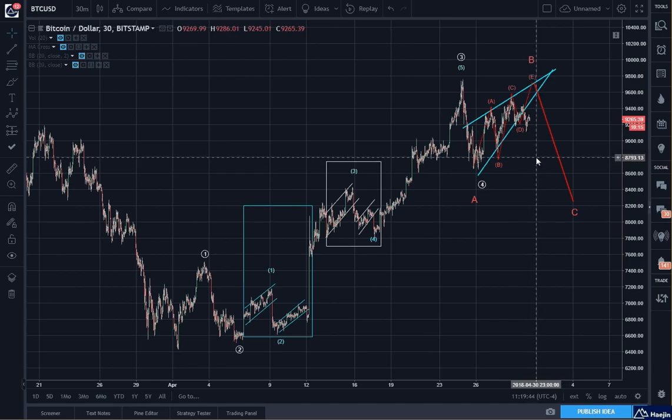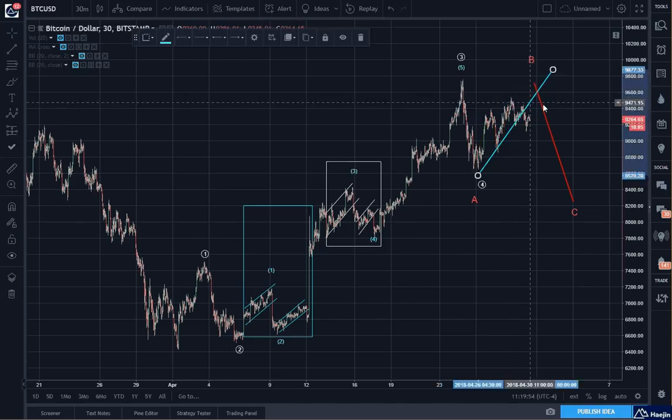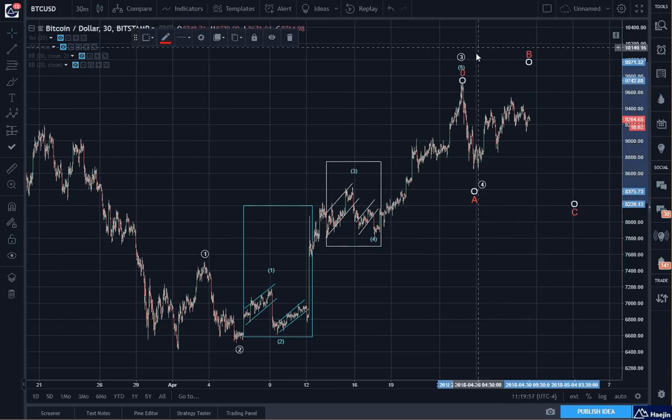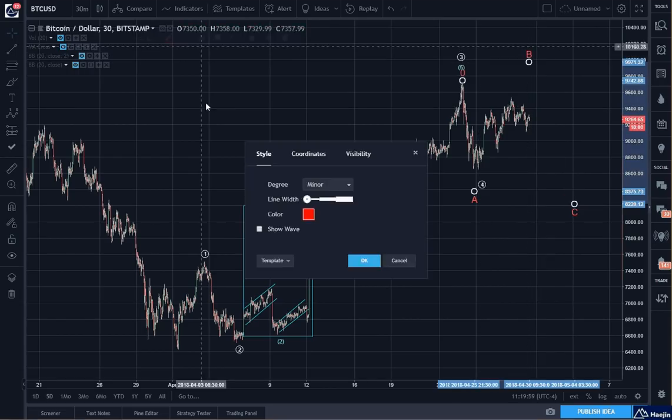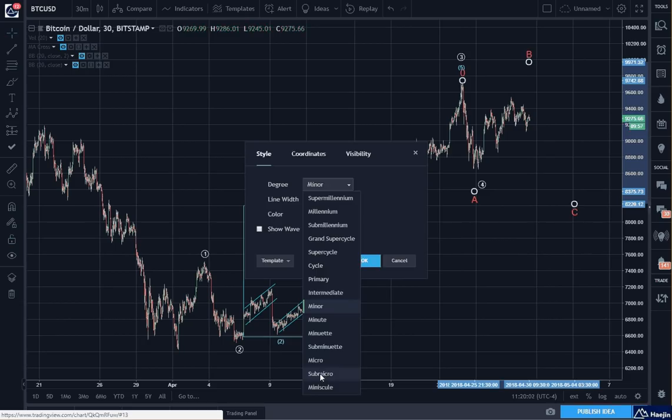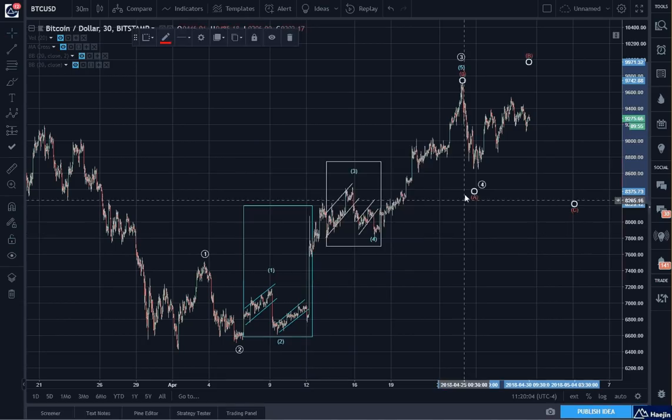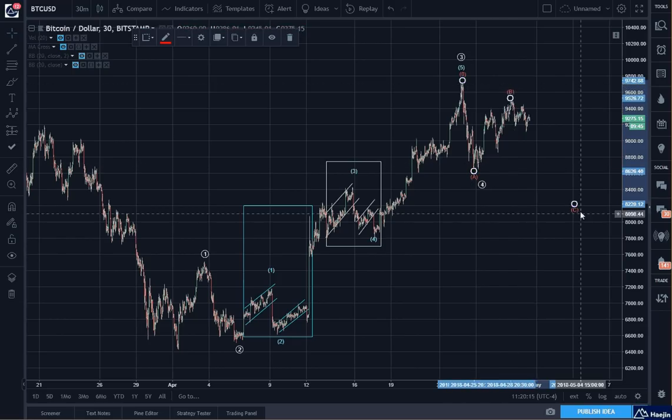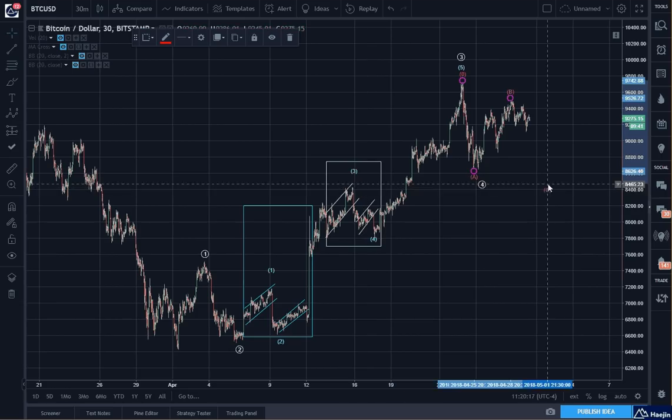If that's the case, I think we are now resorting back to what we had before. So if we remove these, then we will say this is A, 5 wave down, 1, 2, 3, 4, 5. 3 wave up, 1, 2, 3 for B. And C, I'll raise it to 8,400 or so.